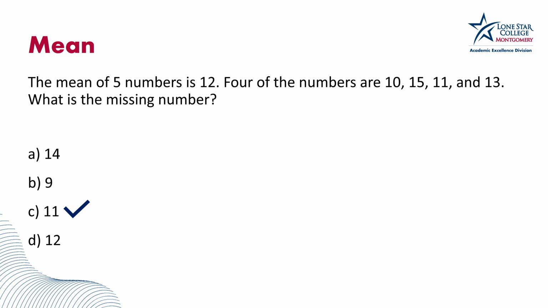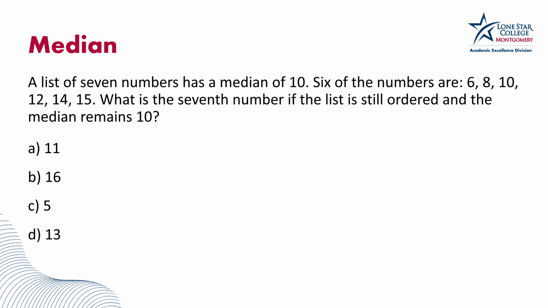Now let's look at a question involving medians. A list of 7 numbers has a median of 10. 6 of the numbers are 6, 8, 10, 12, 14, and 15. What is the 7th number if the list is still ordered and the median remains 10? So we're given that the median is 10 and we're given 6 of these numbers and we need to find the 7th.